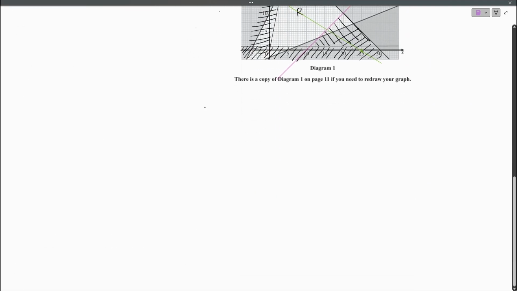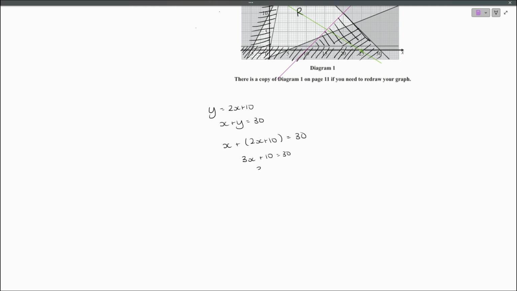So we've got that y is equal to 2x plus 10 and x plus y equals 30. So I can substitute this first equation into the second one and get x plus 2x plus 10 is equal to 30. Which is going to give me 3x plus 10 equals 30. So 3x is equal to 20 and x is equal to 20 over 3, which is about 6.67.